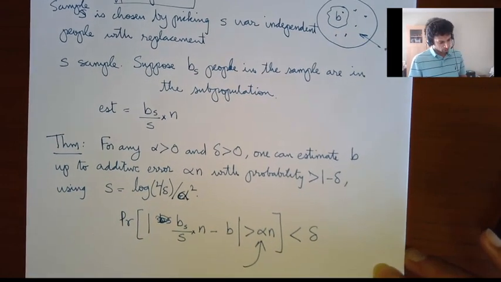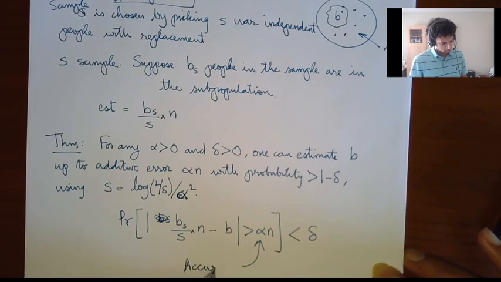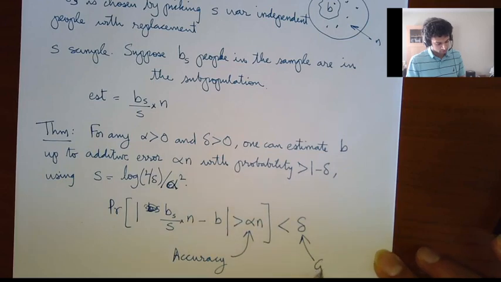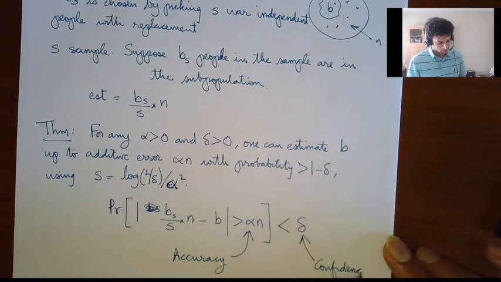Alpha is often called the accuracy, and delta is called your confidence.